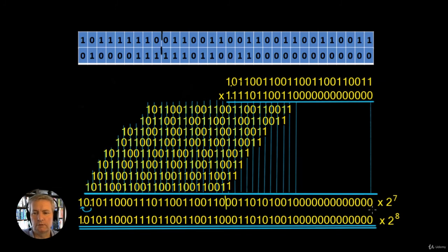But we know we're going to have this value here, and it's going to be times the exponent value. Well, the exponent value worked out in the previous page was 2 to the power of 7. But now that we've taken this decimal point and we've shifted it to the left by 1, well, this number here is going to be the same as the number below, with the decimal point shifted 1 to the left, and the exponent now increased to 2 to the power of 8.